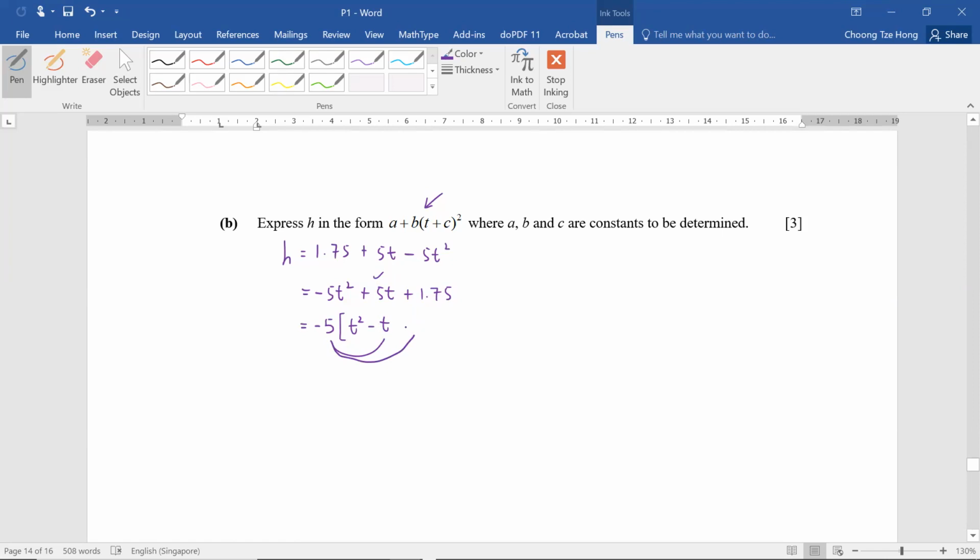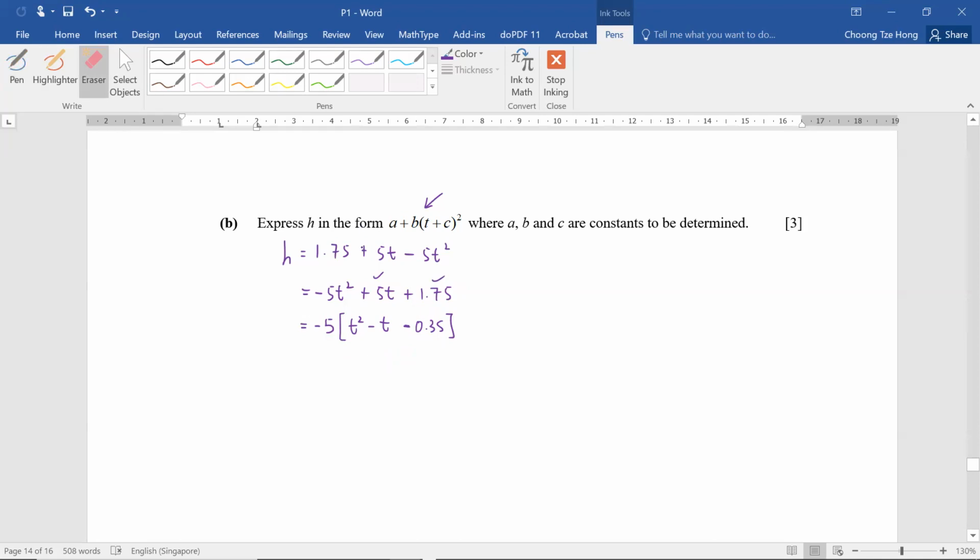It should be obvious that it's something negative also. To get the answer, just take 1.75 divided by negative 5, then you will get negative 0.35. When you expand back, you should get back what you have originally. This is a good way to check whether you have factorized correctly.